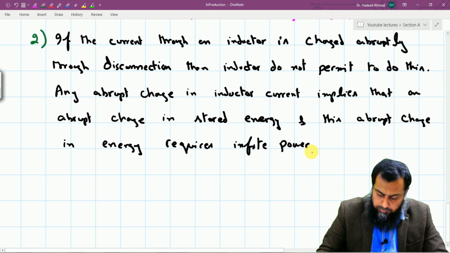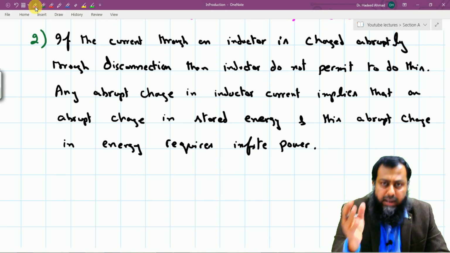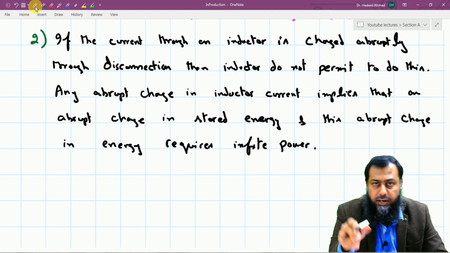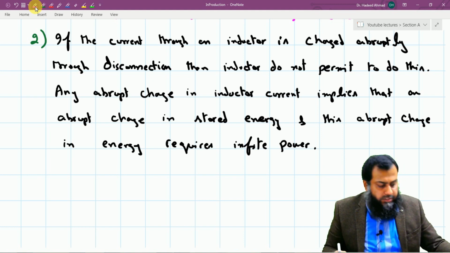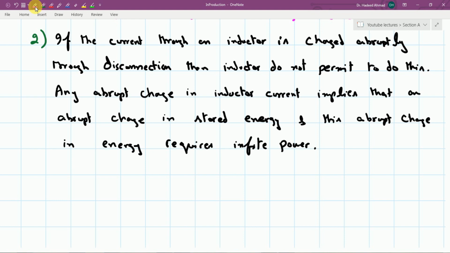So it is always imperative to devise a mechanism that prevents sudden disconnection or sudden change of current through an inductor, right? You will see in later classes that these dangerously high voltages are the real enemies of the power electronic switches and semiconductor switches connected in a given circuit.